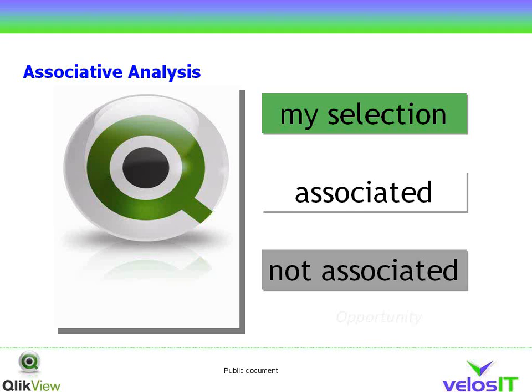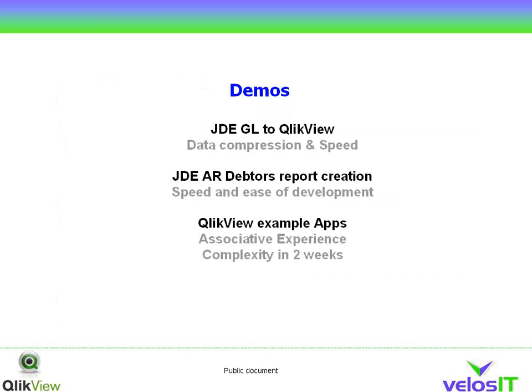So we're now going to move into the demos. Mark's going to demo loading a JD Edwards GL table into QlikView, which will highlight the data compression and speed that we achieve. He'll then create a basic JD Edwards age debtors report, and he'll do that from scratch.